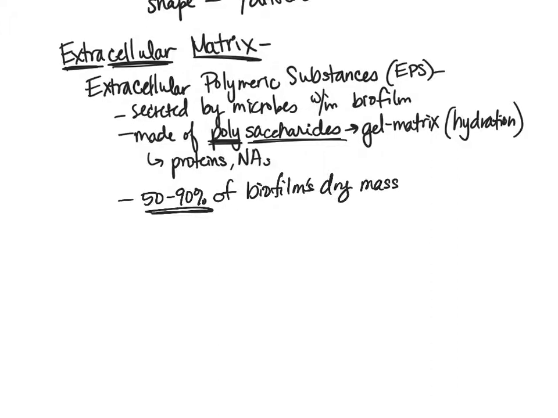So it can be very, very thick, not something that we can see with our typical bright field microscope. We need to have something like a confocal microscope, for example, in order to get through these big, thick layers. The properties of these are varied.